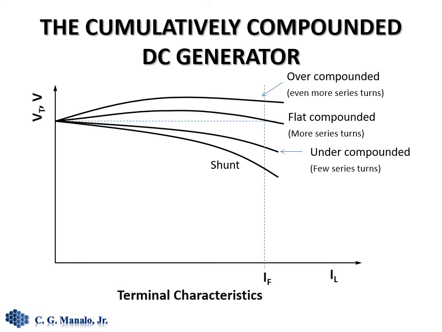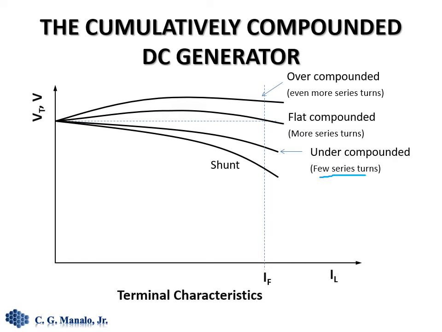This is the terminal characteristics of a cumulatively compounded DC generator. So we have three plots. The plot depends on the design of the series field.